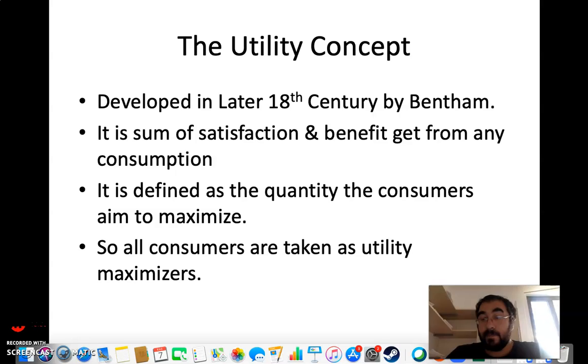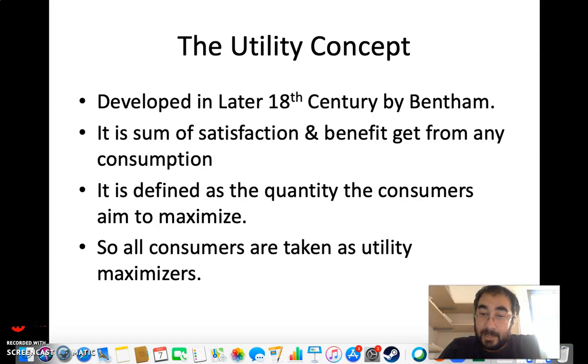How I make the calculation in my mind to find out the utility of each product, this bottle of coffee and this bottle of water, is something that is not discussed in at least the most basic microeconomics framework.